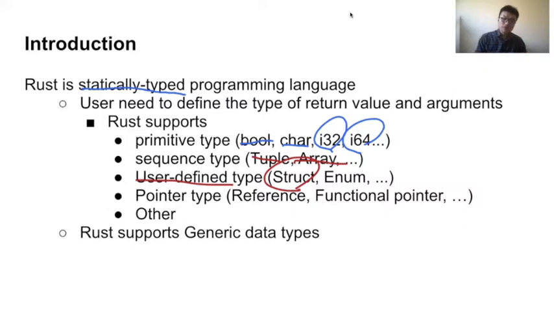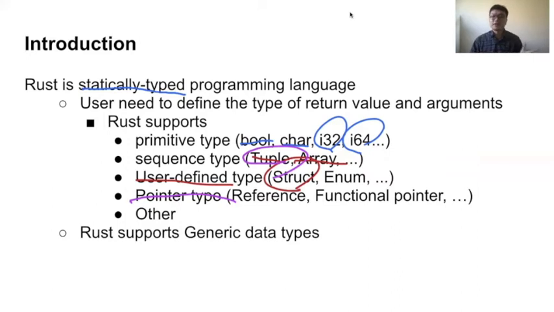For pointers, it still provides pointers. You can use pointers, references, functional pointers, and so on. So for the type part, a lot of C types are implemented in Rust too. But Rust also provides something you cannot see in C, like a tuple.